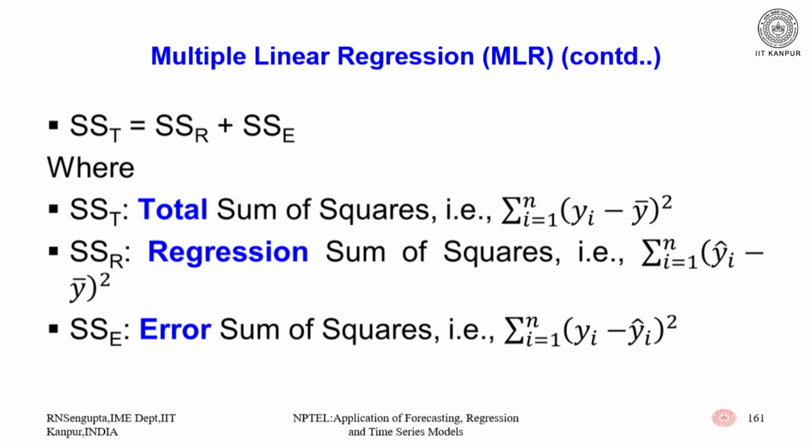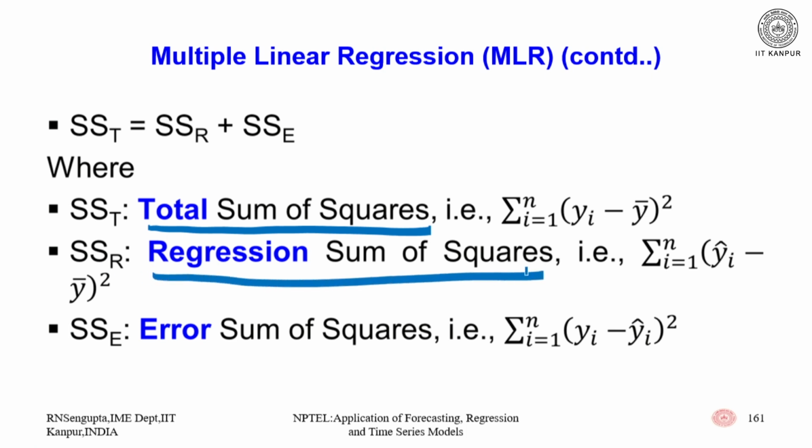Now, the total error which you have is given by SST, and I am marking them in blue: the total sum of squares, SSR is the regression sum of squares and SSE is the error sum of squares, and each of them has certain implications. The total sum of squares is basically the total quantum of error, or the sum of the squares of the deviation.